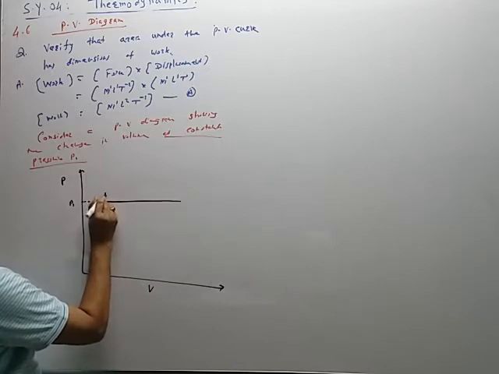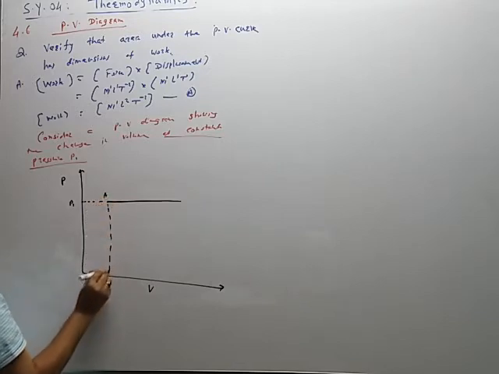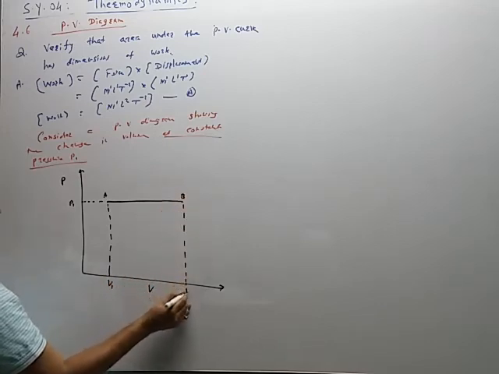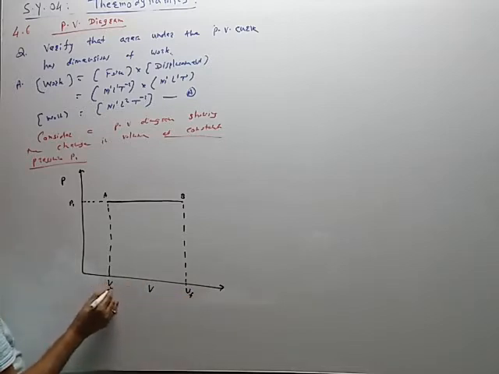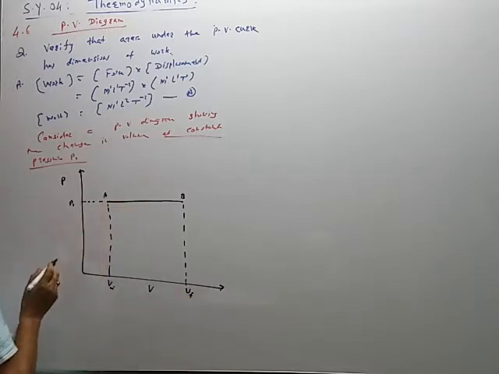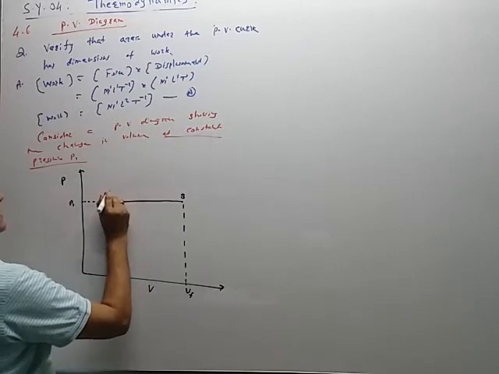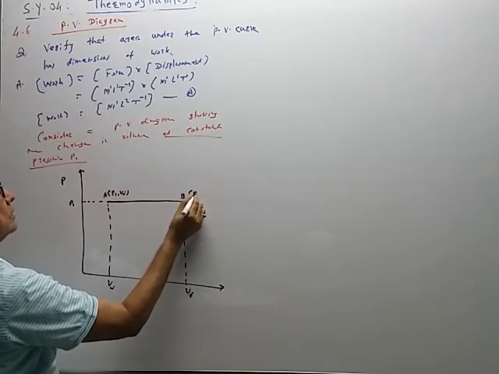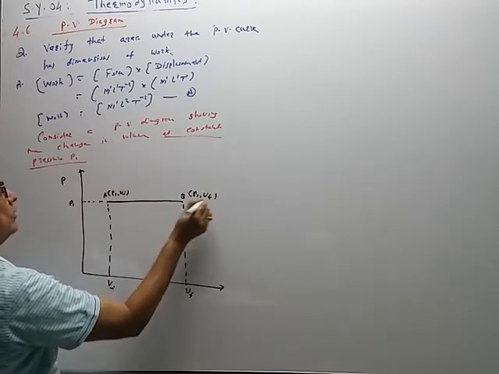So this is initial state A where the volume is V1. This is the final state where the volume is V2 or Vf. This is Vi. So this A is the initial state P1, Vi. B is the final state P1, Vf.